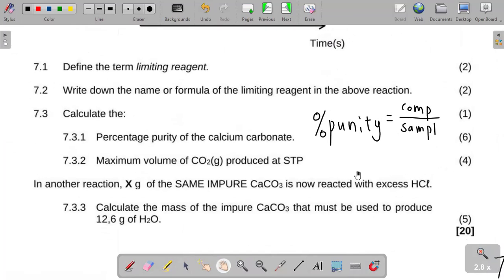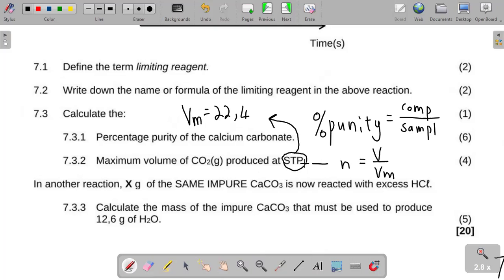So now, to get the volume here, we have to get the number of moles, isn't it? Because the formula here is n equals V over Vm. And then if they say at standard temperature and pressure, do you remember what this means? This means that the molar gas volume will be taken as 22.4. The molar gas volume is 22.4 at standard temperature and pressure.